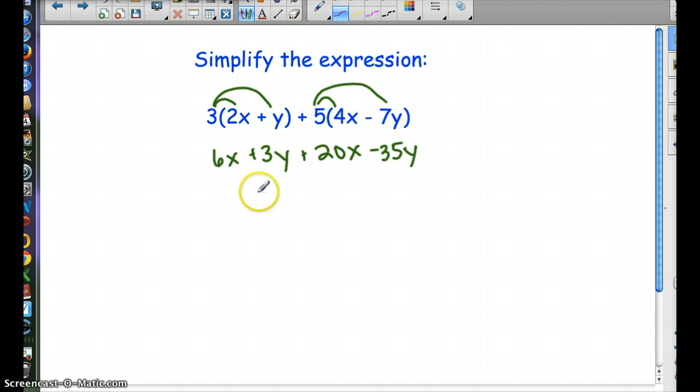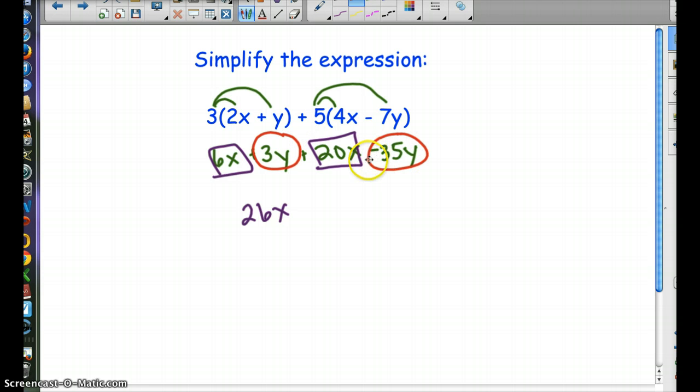And then we're going to combine like terms. 26x, 3y minus 35y, don't forget that negative there, and it'll be a negative 32y.